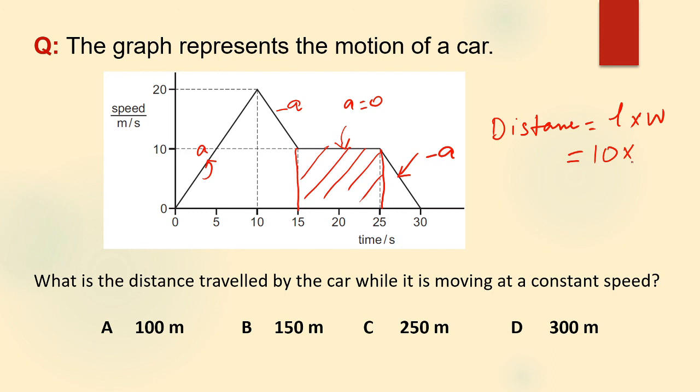And the vertical width or height is 10. So 10 times 10 is 100 meters. So the answer in this case is A.